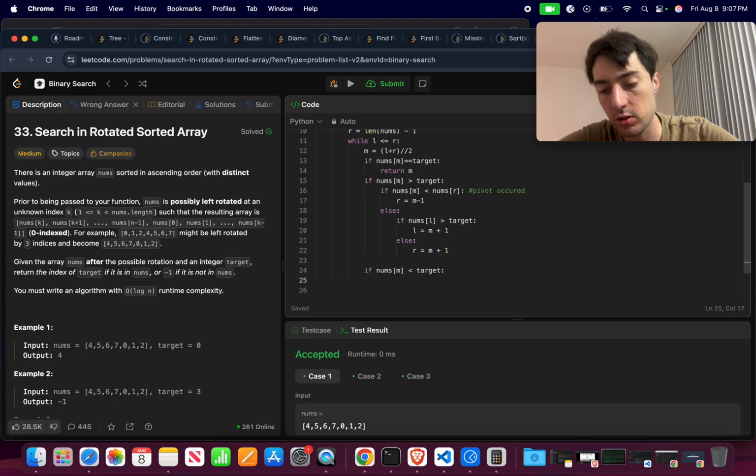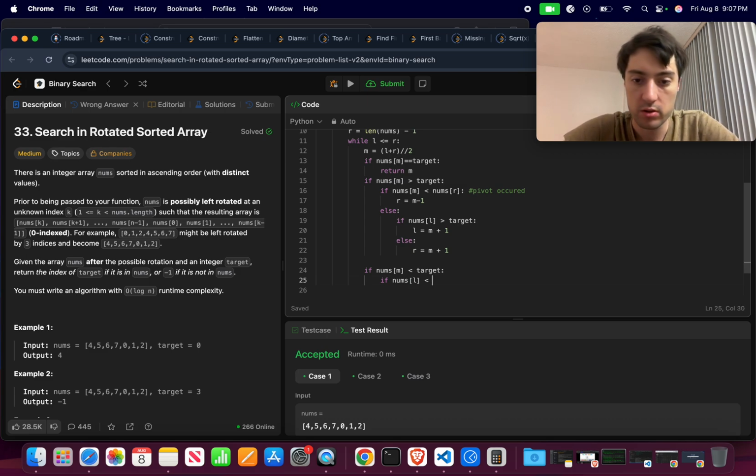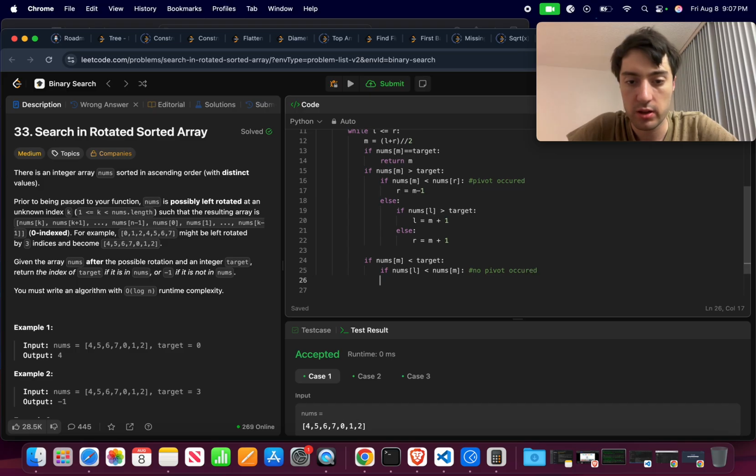If it's too small, I want to see if the pivot occurred in the left-hand side, or if no pivot occurred in the left-hand side. So if nums of left is smaller than nums of mid, this means no pivot occurred, okay?